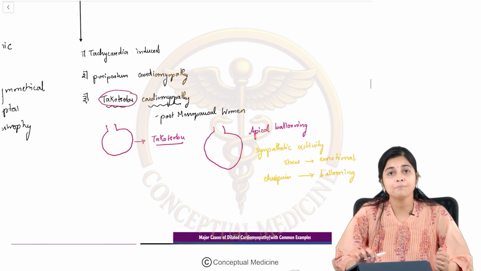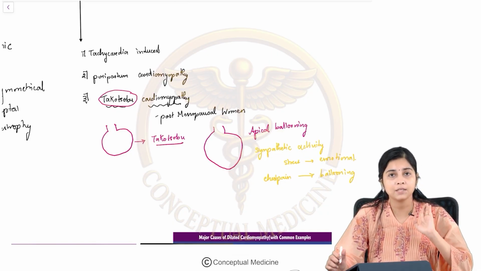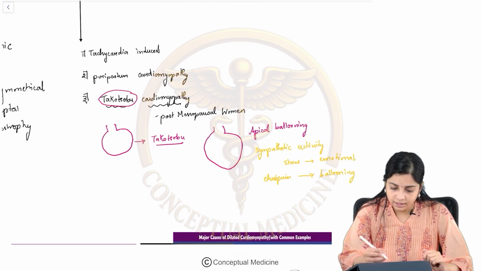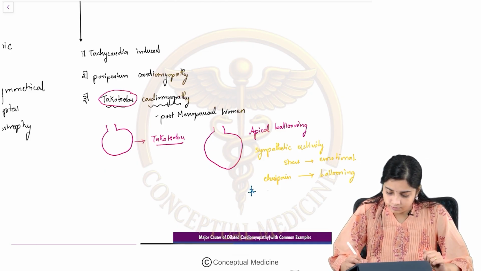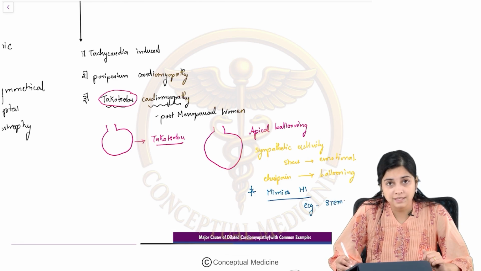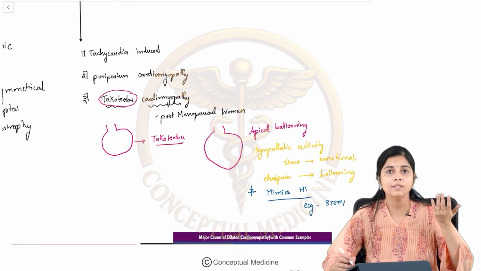So how does the patient present? The patient presents with a history of typical emotional stress followed by sudden onset chest pain, and it definitely mimics a myocardial infarction. The ECG also shows evidence of a STEMI, with ST segment elevations.